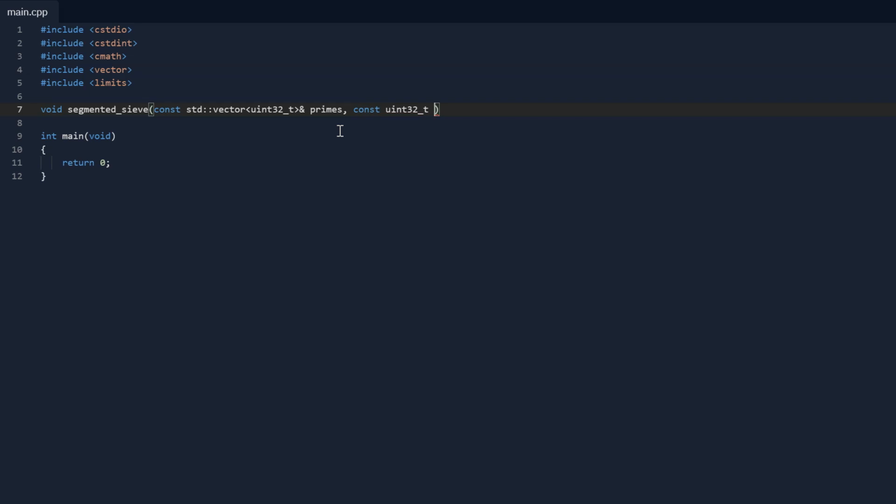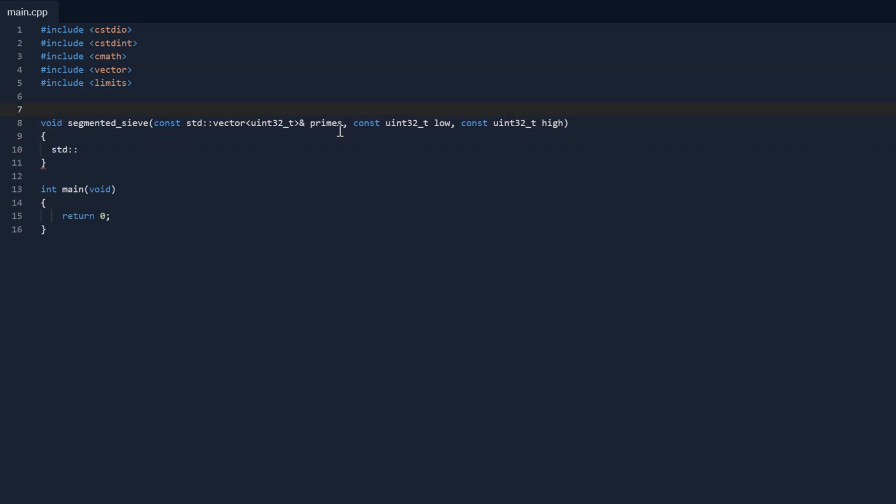Then it takes in these two numbers which define our range. So our range is closed at low and open at high. So it includes low and does not include high.